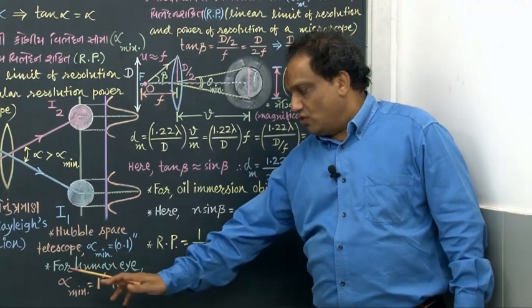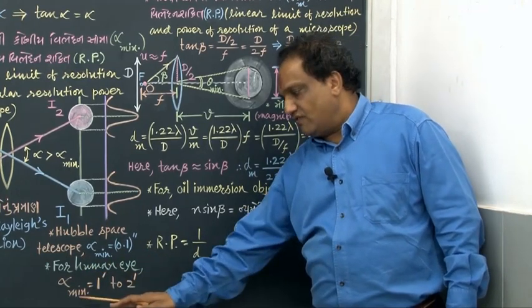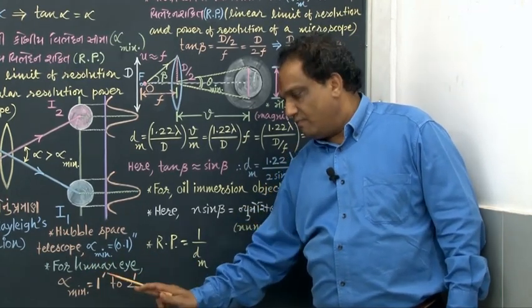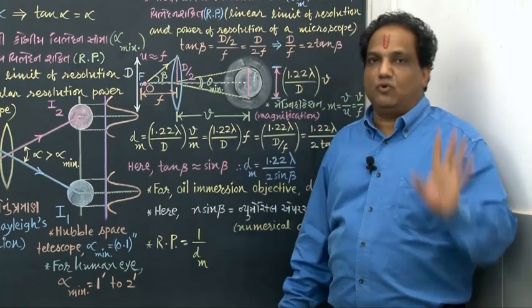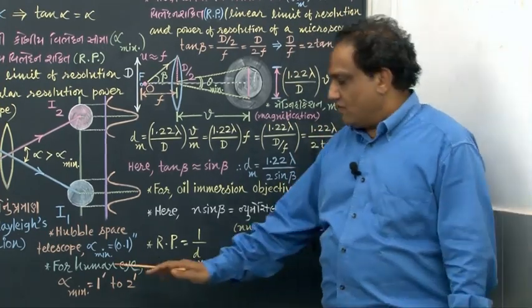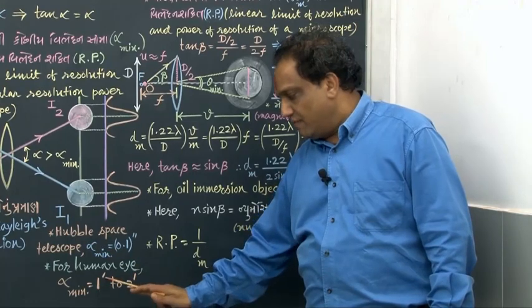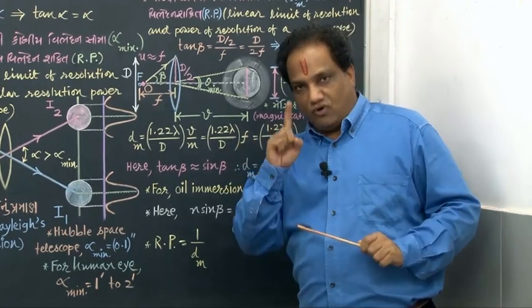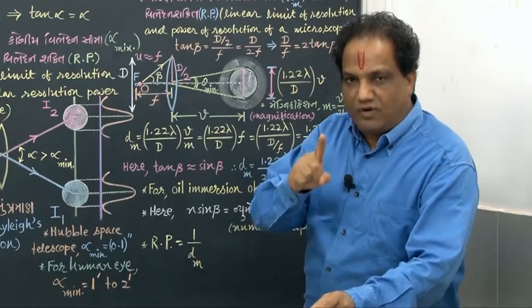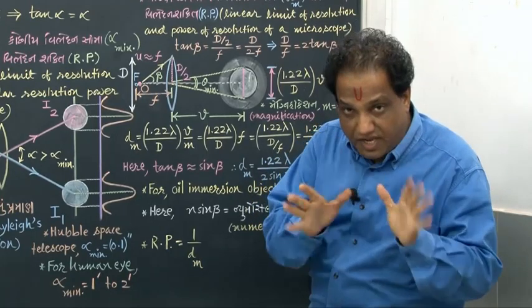For the human eye, the angular limit of resolution is found to be from 1 minute to 2 minutes. If you take the minimum, suppose 1 minute, then what does it mean?